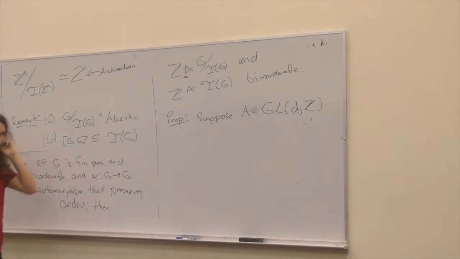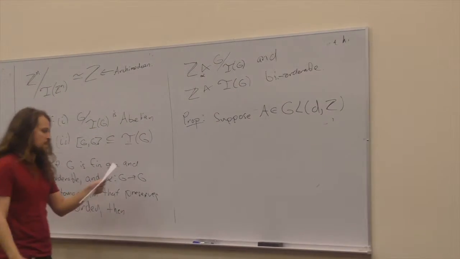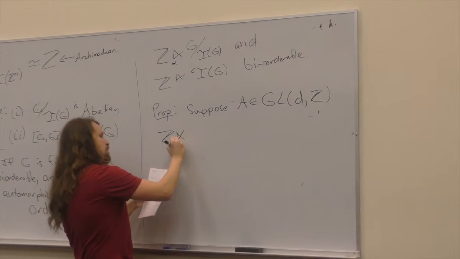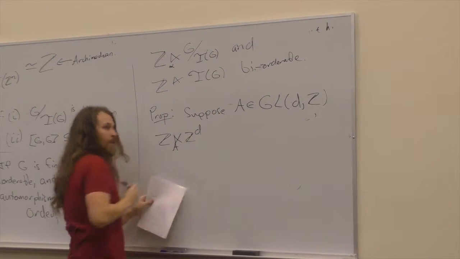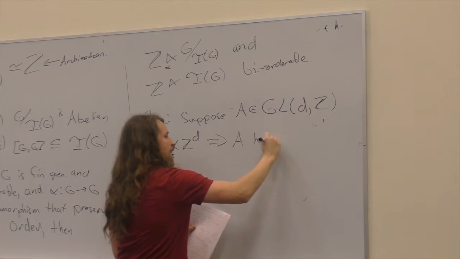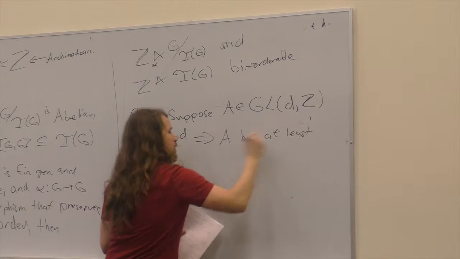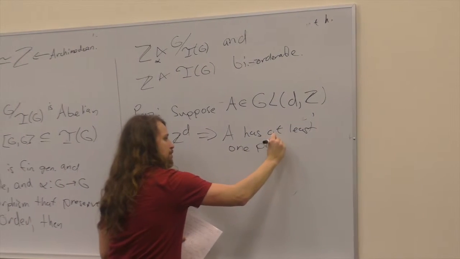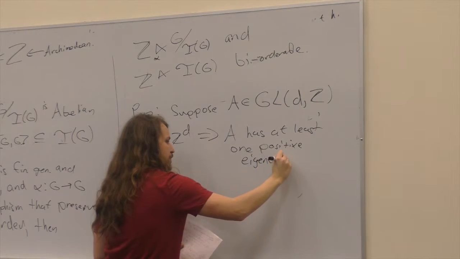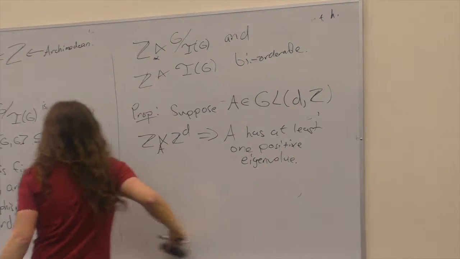Hand me any integral invertible matrix A. If this semi-direct product happens to be bi-orderable, then the matrix A has at least one positive eigenvalue. Okay.